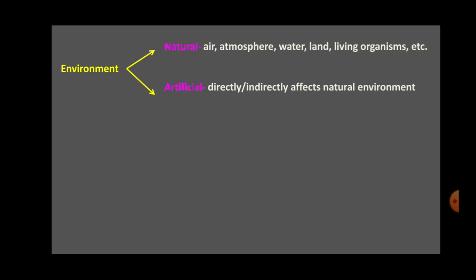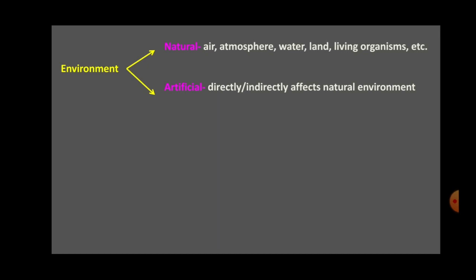Okay, artificial is just consisting of plants or animal species outside their natural habitat, when you manually create it. So anyway, it directly or indirectly affects our natural environment. So these are the two main types.